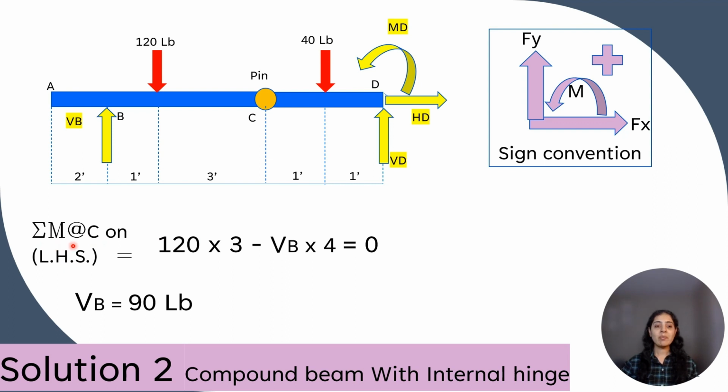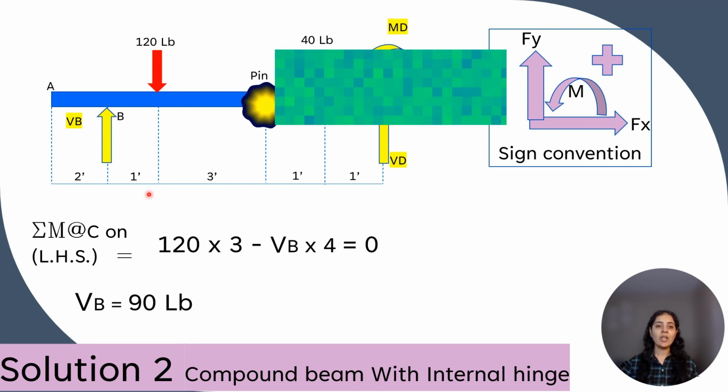Summation of moment at C, that is at pin, on left hand side. So we will consider only A to C part of the beam. There are only two forces. One is VB and other is 120 lb downward.